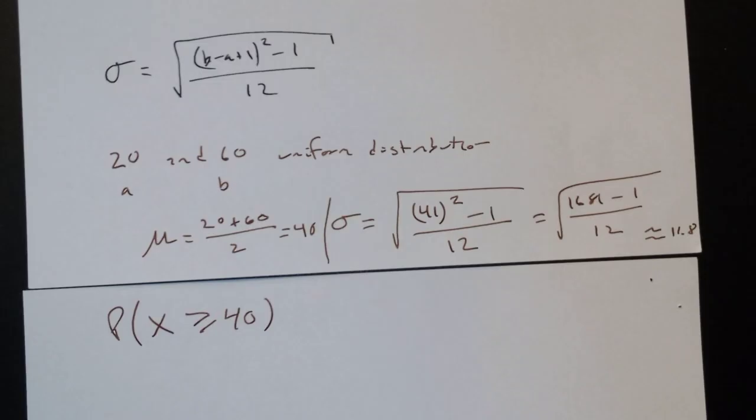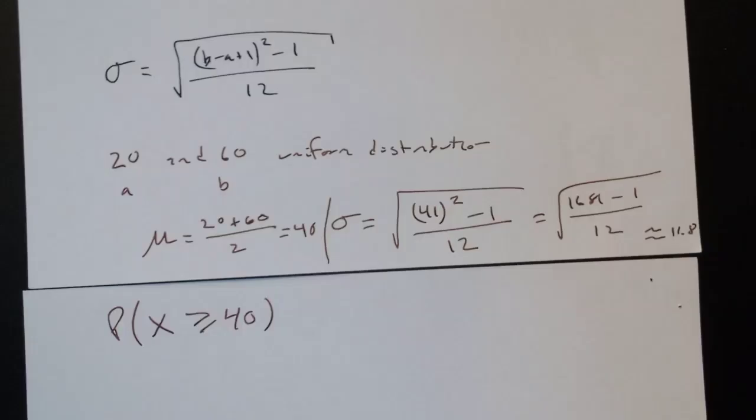Ages go from 20 to 60. How many of those are 40 or more? Almost. I've got to remember to add that 1, because it's 40 through 49, that's 10. 50 through 59, that's 10. And 60, that's the extra 1.